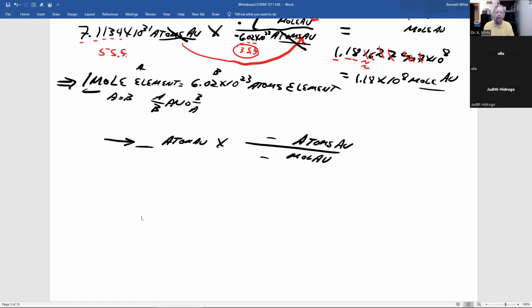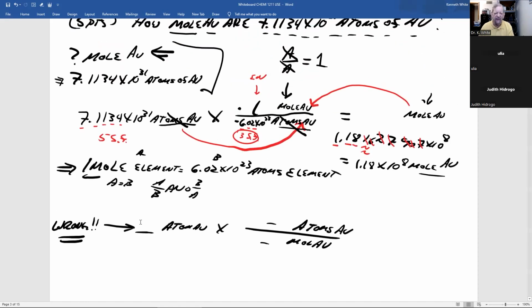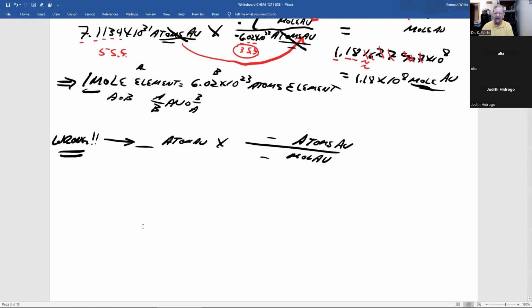Well, let's look at what is the answer, the units of your answer. If you do it this way, which I'll remind you is wrong, but how do you know it's wrong? What units would my answer be? Up here, atoms divided by atoms cancel out, and I got the right units, moles of AU.